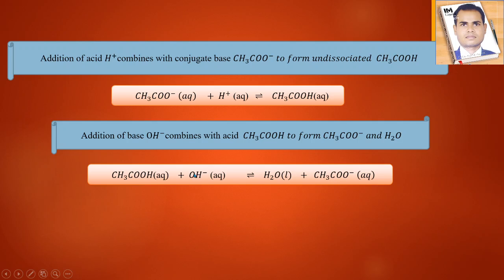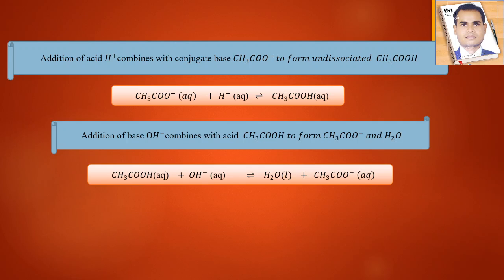Here the base will abstract the H plus from the acid, and the acid will give H plus to the base. So here will be water, and H plus goes from here, so there is the minus sign. In this way the reaction takes place. So if you add the acidic buffer solution to a specific solution, you will see reactions like these.